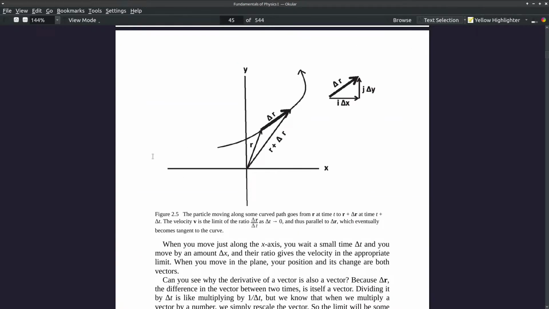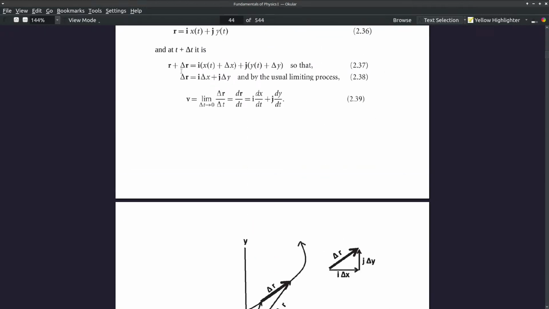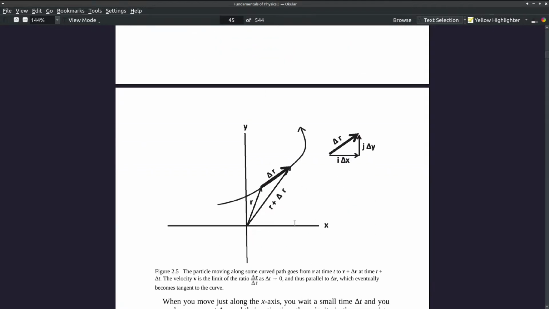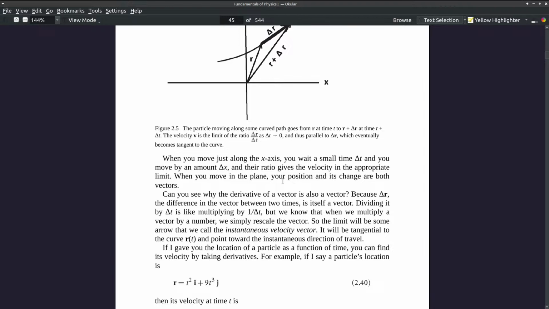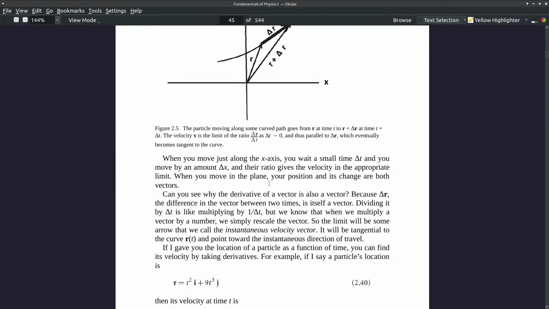And then you get this nice little visualization here. J delta y, i delta x. Just another axial component breakdown. Let's read what they say here underneath the figure.